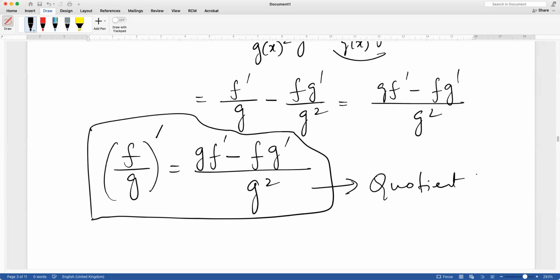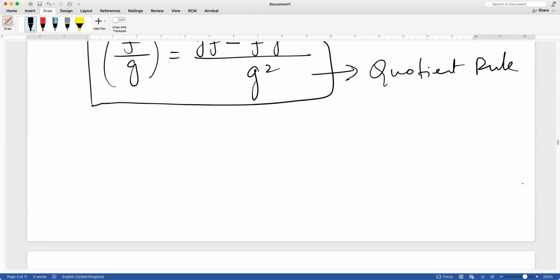With this idea in mind, I will give you a basic thing: we need to understand the integration of e power x dx, and also the differentiation of e power x dx.